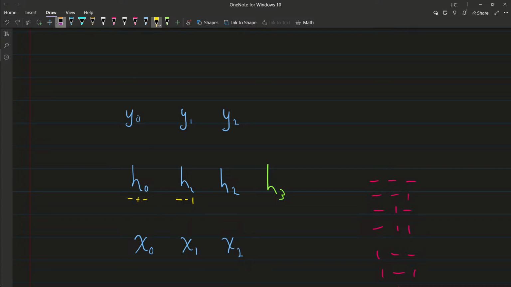I should just use a vertical dash or one, don't use plus. Anyway, what this is saying is that this activation is going to be equal to x0 unless the input is a specific input, and then it flips the x0.